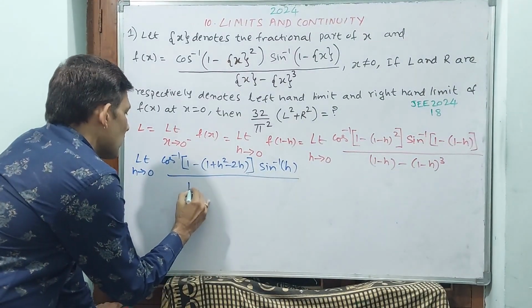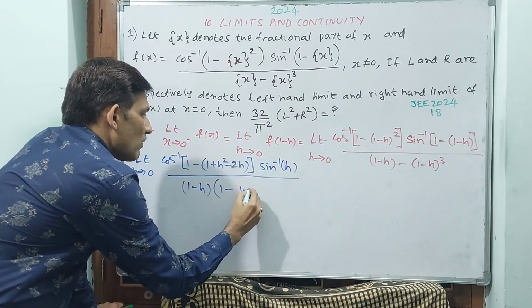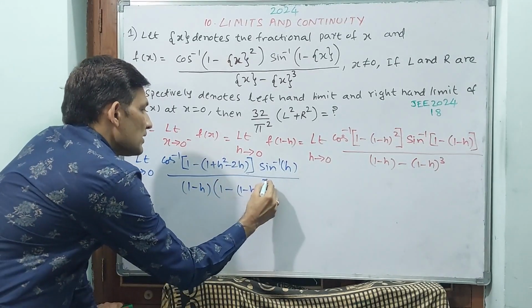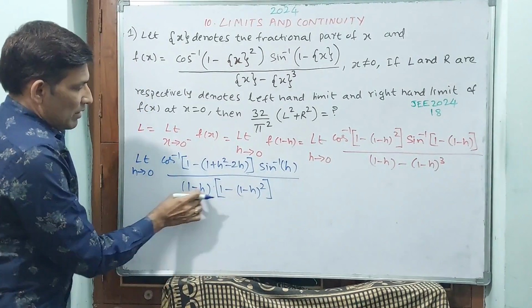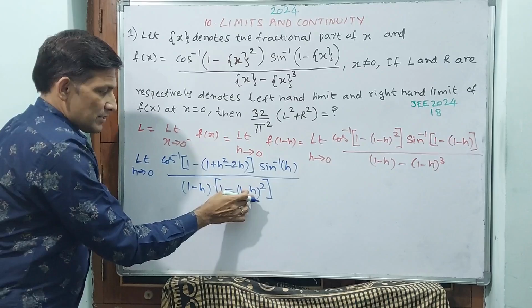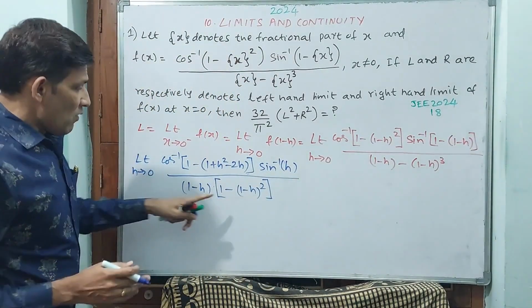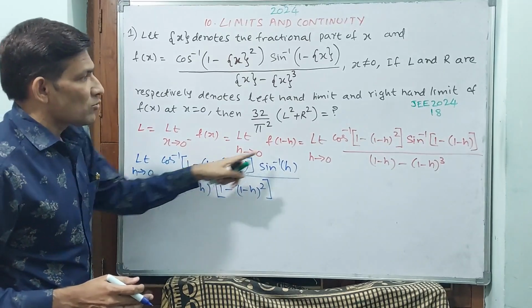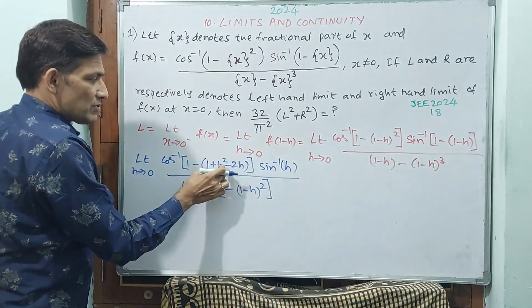See how I am writing. 1 minus h, if I take common, 1 minus h whole square is going to become 1 minus h cube. Now see why I have written this: 1 minus h whole square, we are doing the same. Whatever comes here we will write here.